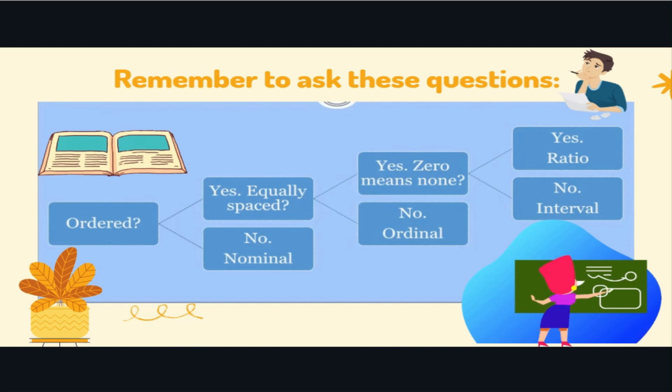If values are equally spaced, ask yourself if a value of 0 actually means that the variable being measured does not exist. If not, the variable is interval. If the 0 means none, the variable is ratio because the 0 is absolute.